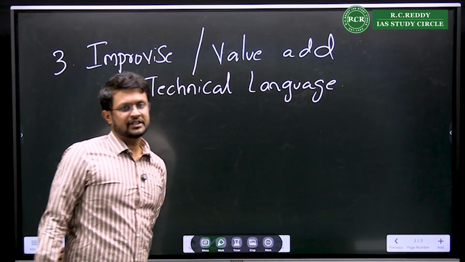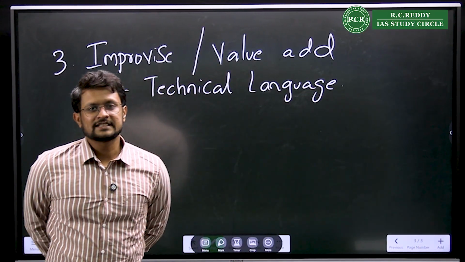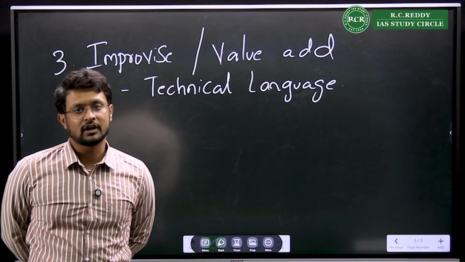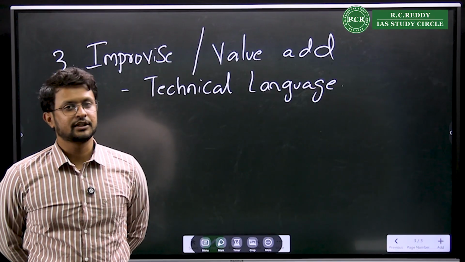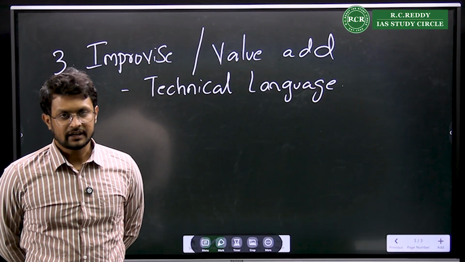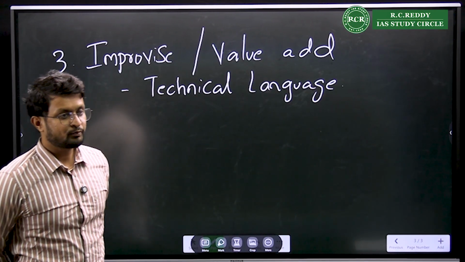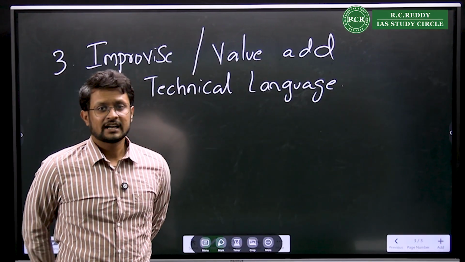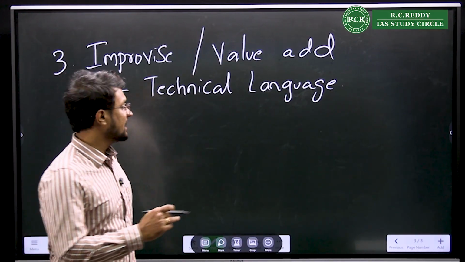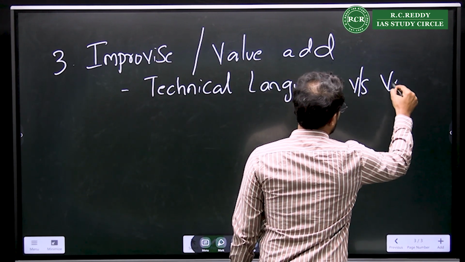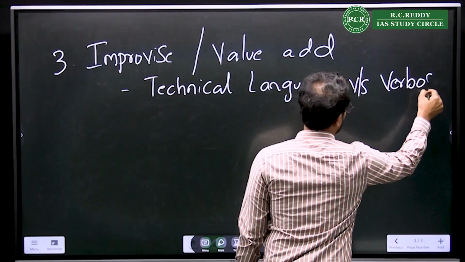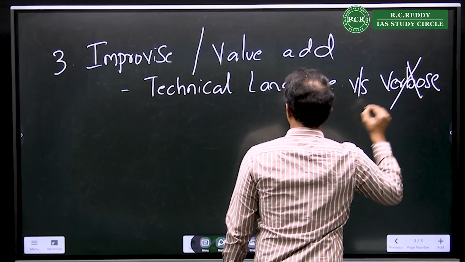Since it is a proficient subject, political science uses certain terminology which needs to be exactly replicated in your answers, right? So use of proficient language rather than verbose is very important in your political science answers and would end up giving you more marks, right?